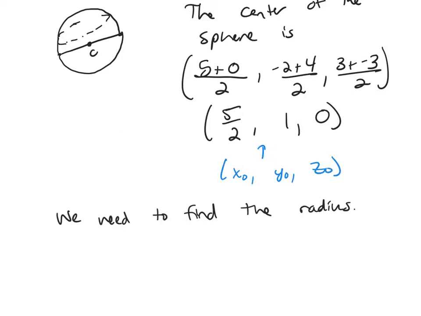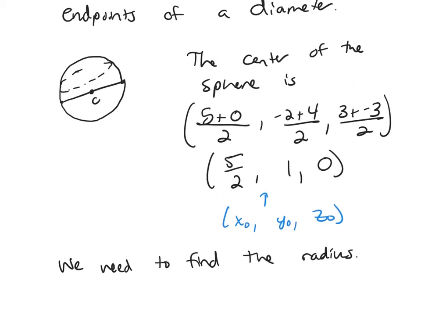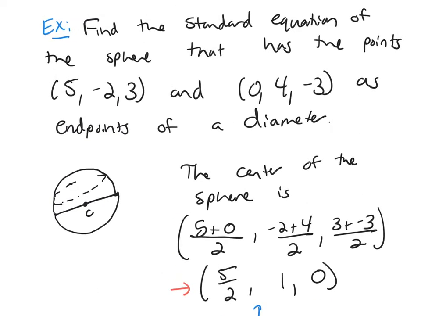Well, remember what the radius is. It's the distance from the center to any point on the sphere. And I was given 2 points on the sphere. So you can go back. We're going to find the distance between our center and one of these 2 points that was given to me that I know is on the sphere.